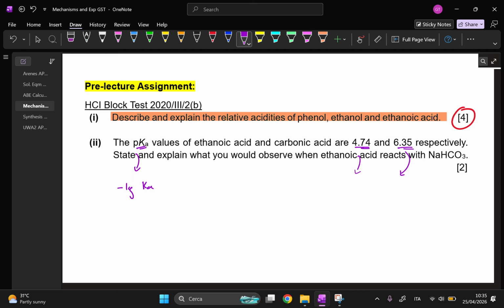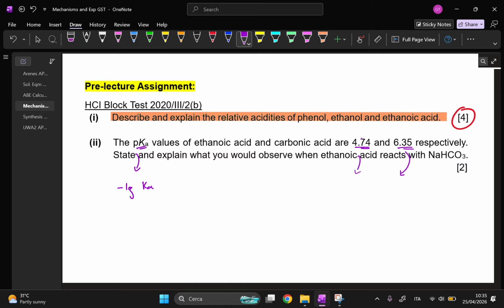Anyway, remember pH, stronger acid, or rather higher concentration of H plus, is lower pH. Lower pH, right? So likewise, higher pKa, because there's this negative sign in front, is flipped. So higher Ka, so stronger acid, higher Ka, lower pKa.